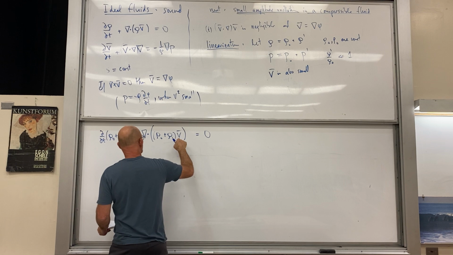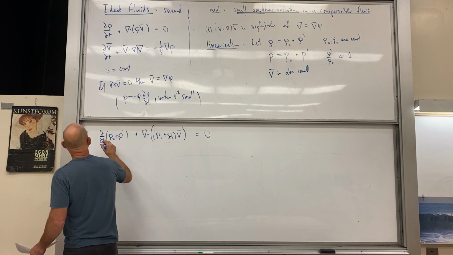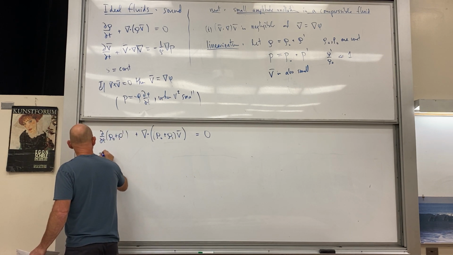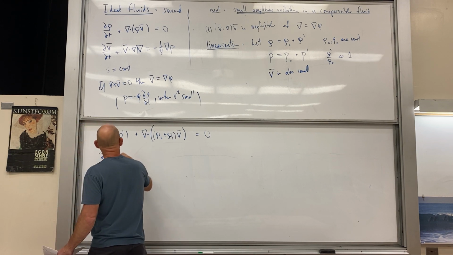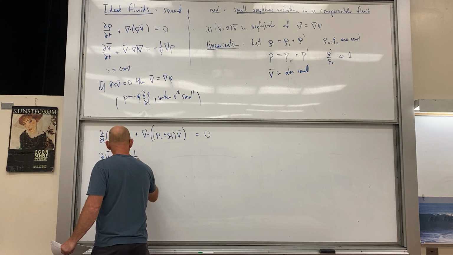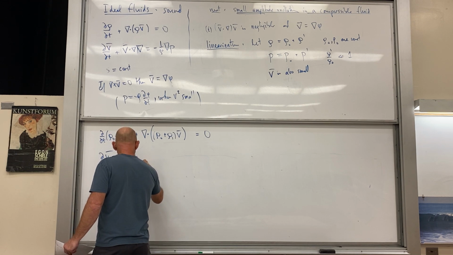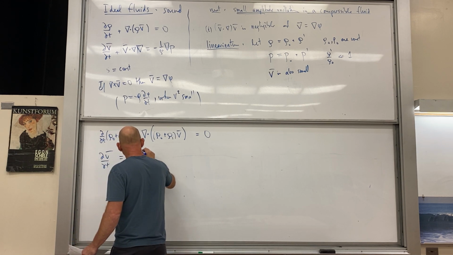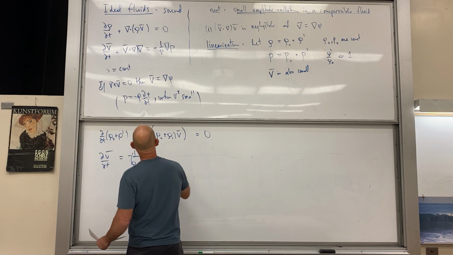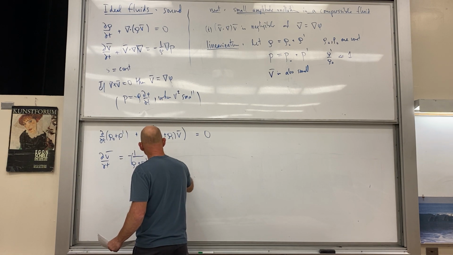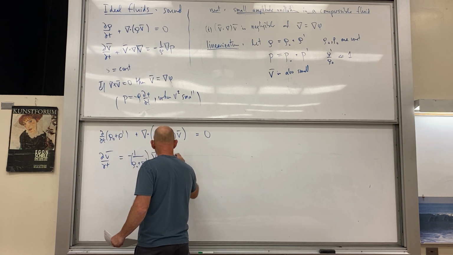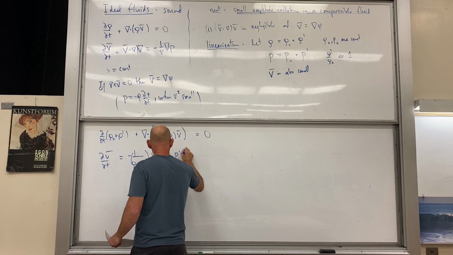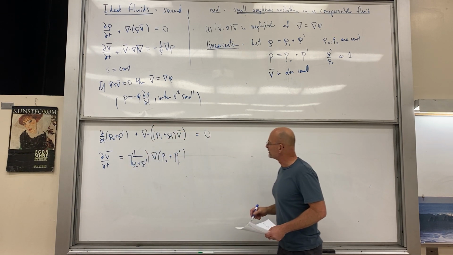Because v is small itself, it doesn't need anything smaller. Equals minus 1 over rho 0 plus rho prime times the gradient of p0 plus p prime. Okay. So how do these things simplify?